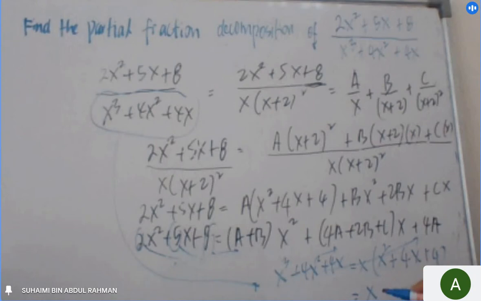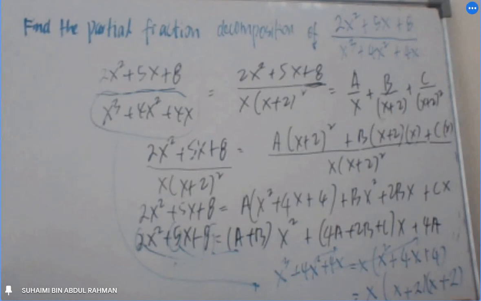So this part remains x. This part is quadratic. We can factorize it to be x plus 2, x plus 2. So it is equal to x plus 2, and x plus 2 appears 2 times: x plus 2 squared. So we get x times x plus 2 squared.